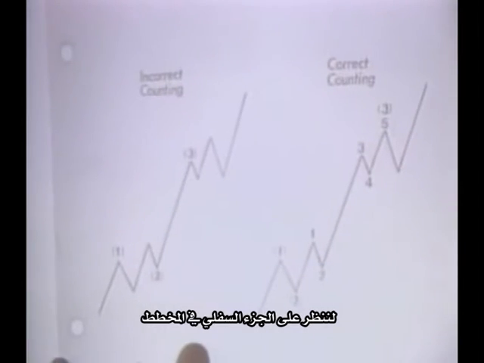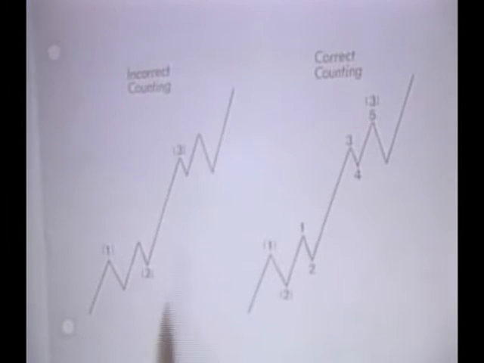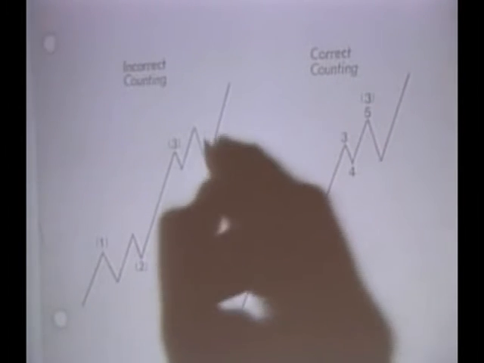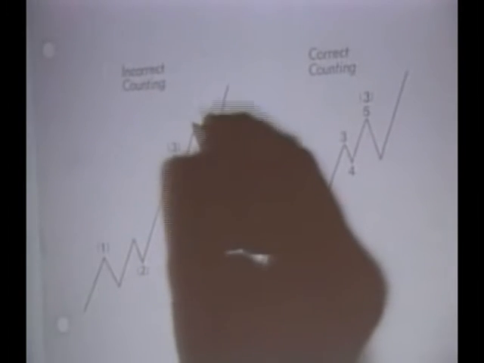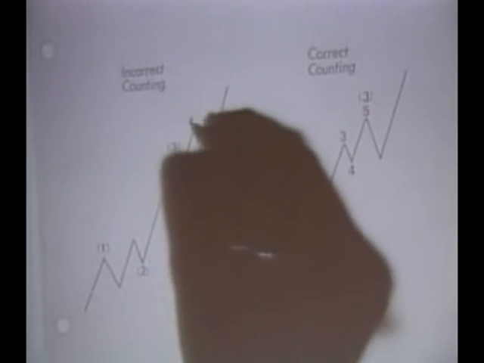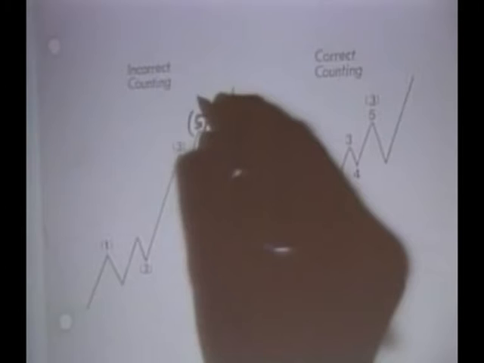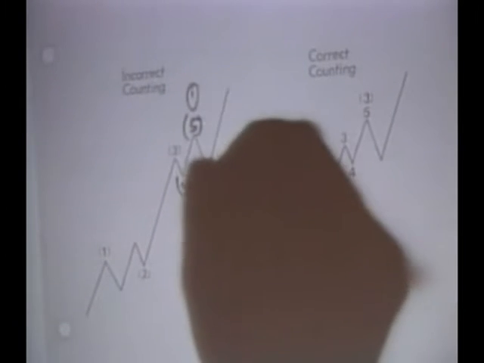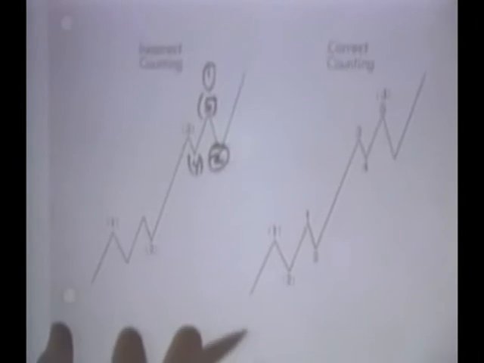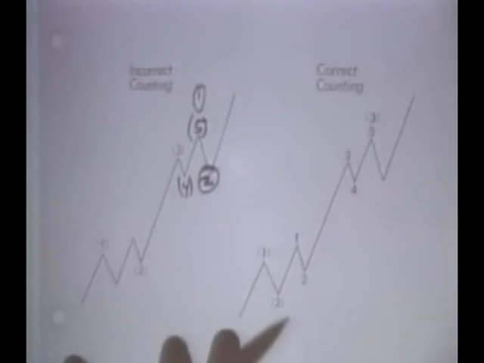Let's take a look down here at the lower portion of the chart. Wave 2 here could be counted as an irregular with a failure, in which case what you're looking at is the beginning of a third under this labeling.